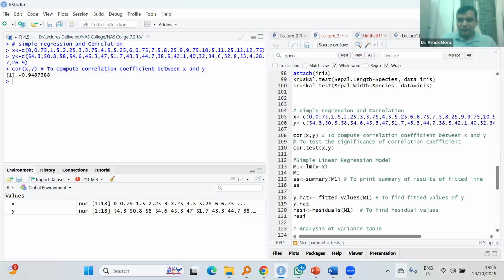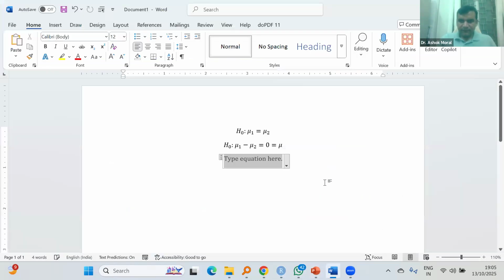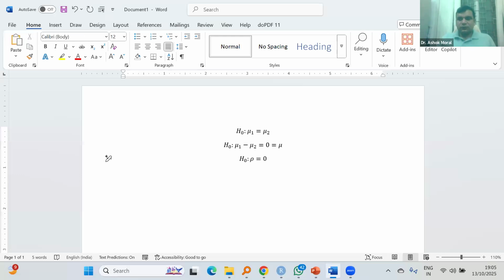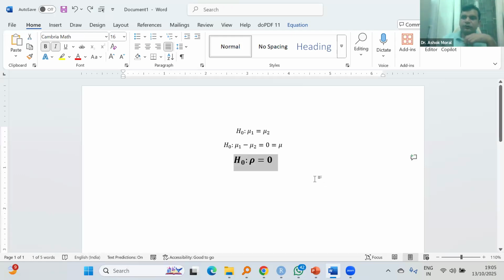So again, the null hypothesis for correlation testing is H naught such that rho is equal to 0. This is the null hypothesis.